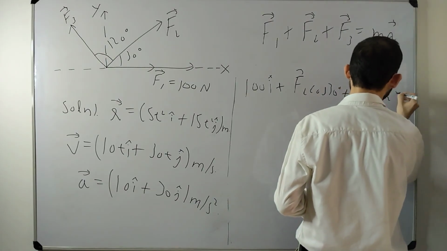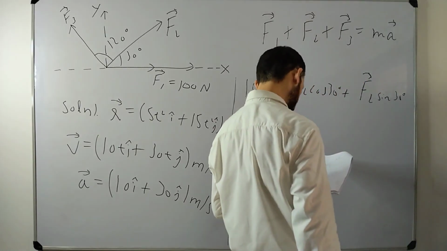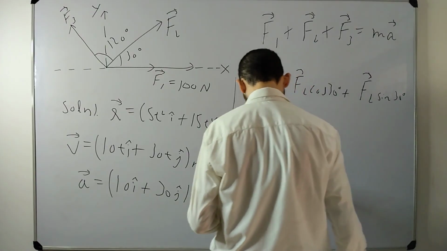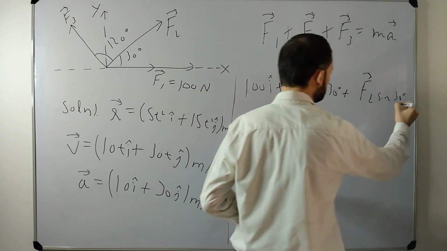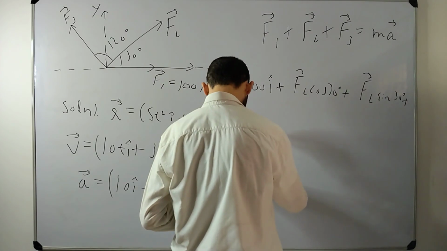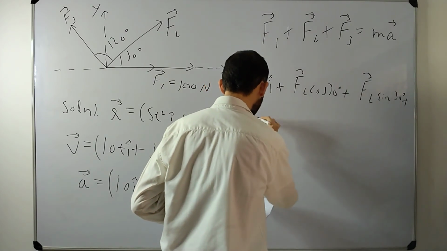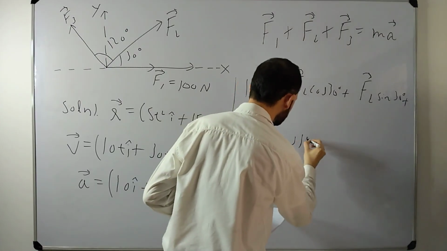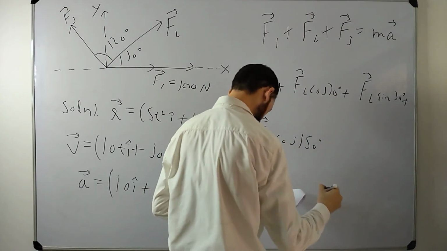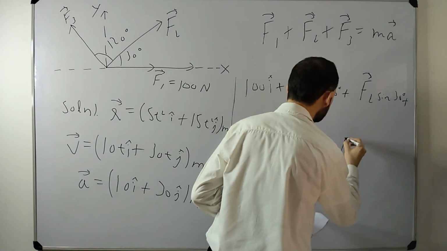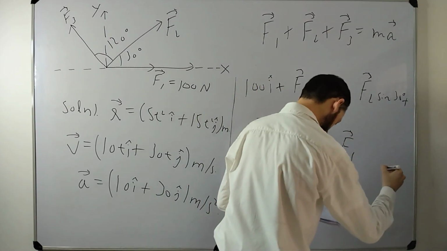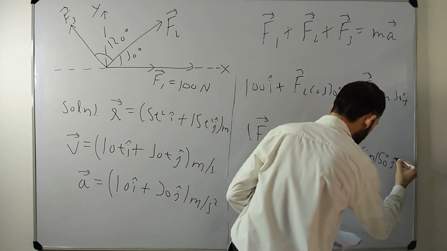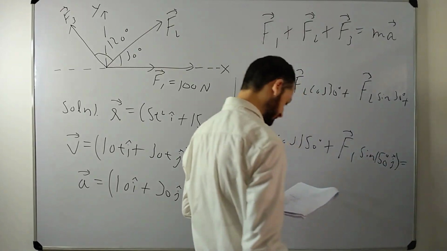Right, students? And this is F3, which is F3 cos 150 degree. Right, students? And this is F3 sin 150 degree. Right now, students? Yes, sir, this is definitely it.